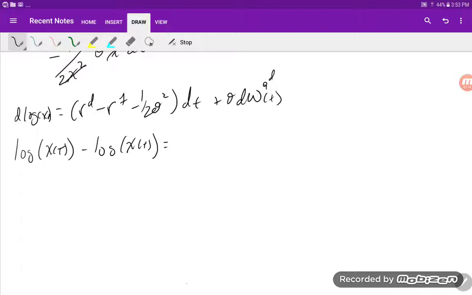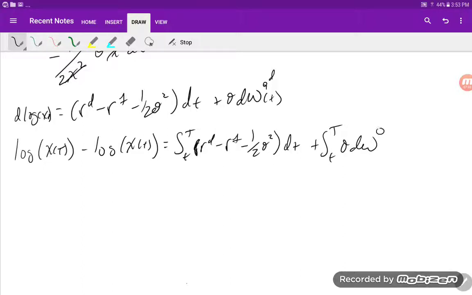So we have that is going to be equal to the integral from t to T of (rd minus rf minus 1/2 sigma squared) dt, plus the integral from t to T of sigma dW^Qd. Alright, so these are pretty straightforward integrals.